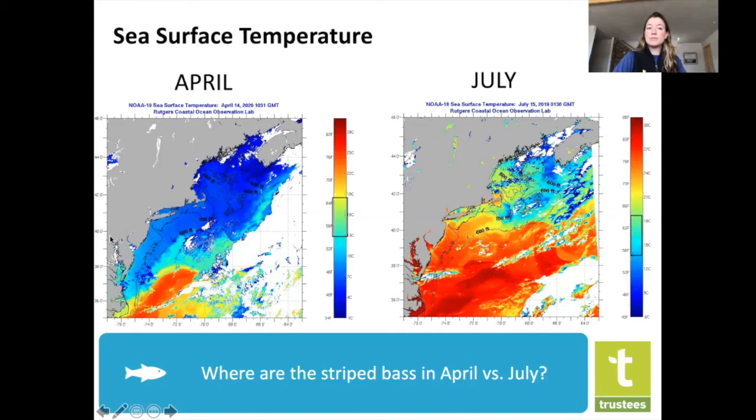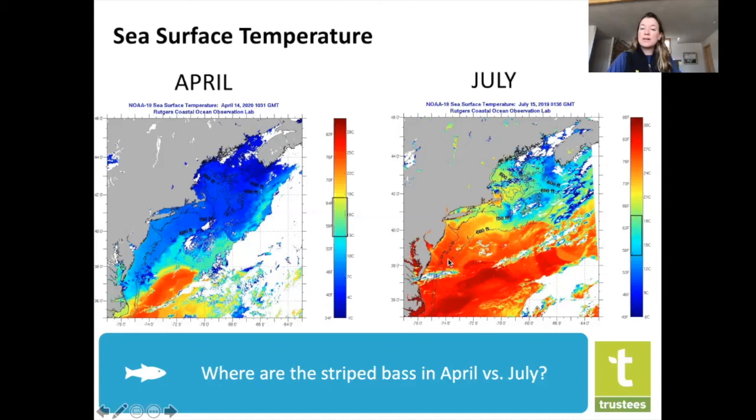And if we think about striped bass, where they're going to reproduce are rivers and estuaries and bays. So they'll be heading up into these areas. And the colors that we're seeing of the sea surface temperature coincide with the temperature the striped bass like to be living in and prefer.